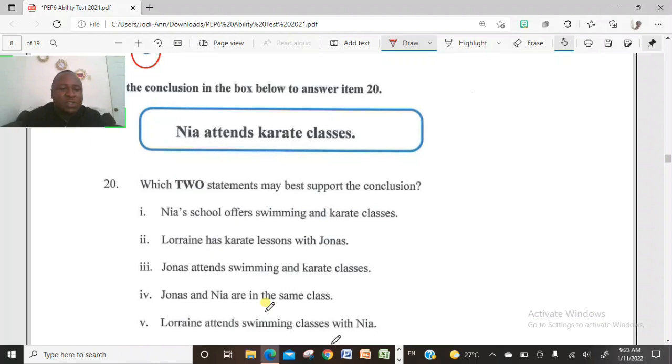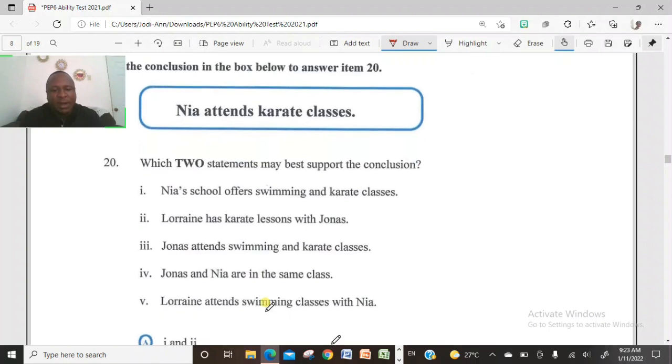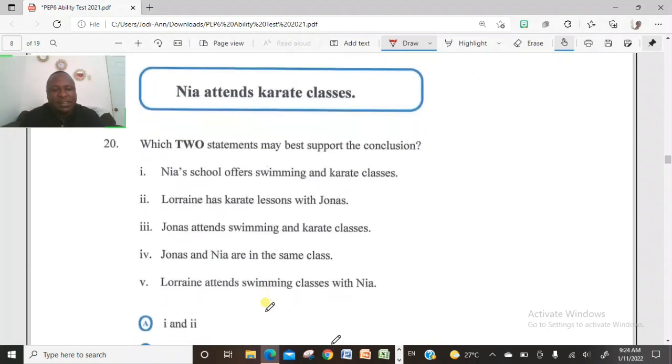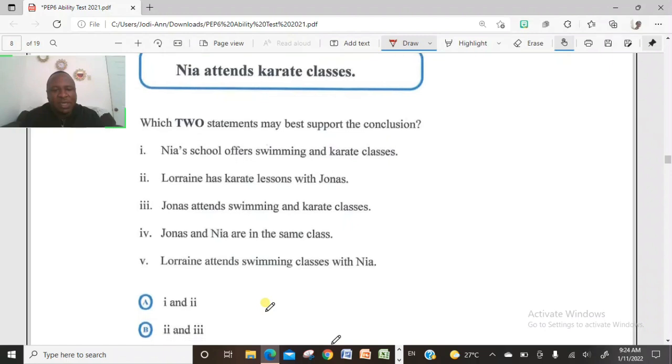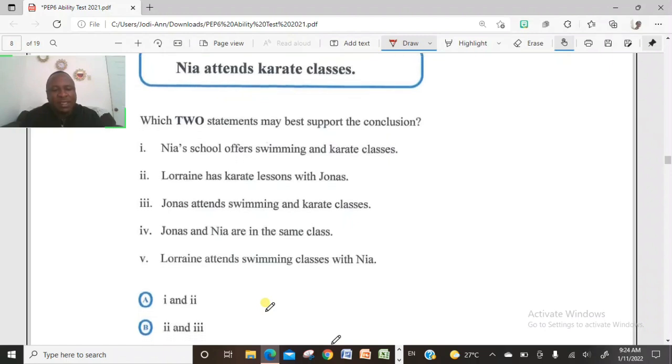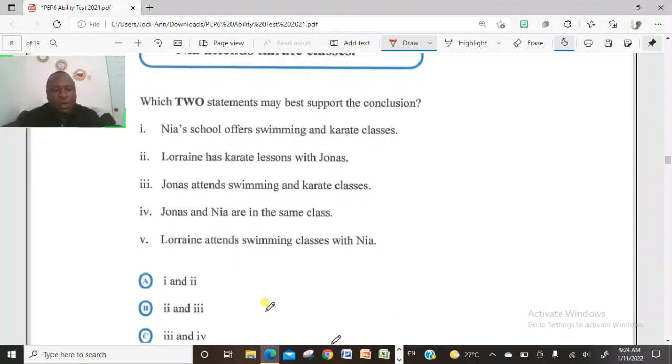Now, option 2, as in the Roman numeral, doesn't have anything to do with Nia attending karate classes because they didn't mention anything about Nia. And Jonas attends swimming and karate classes. Jonas and Nia are in the same class. All right. So Lorraine attends swimming classes with Nia. So swimming has nothing to do with karate. So 5 is out and 2 is out, as in the Roman numerals.